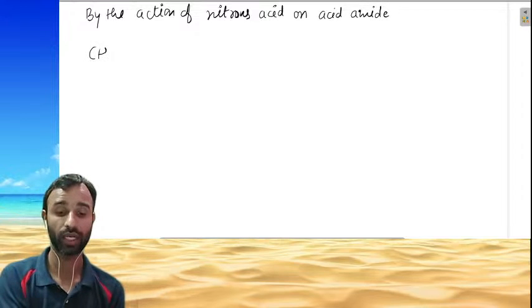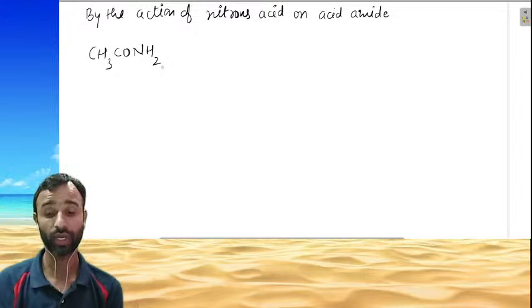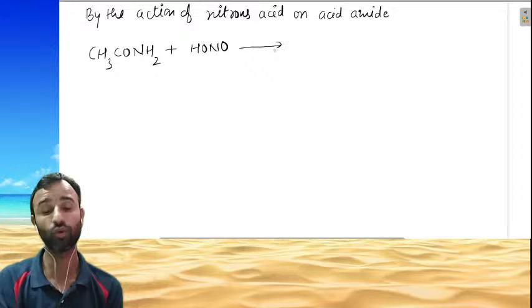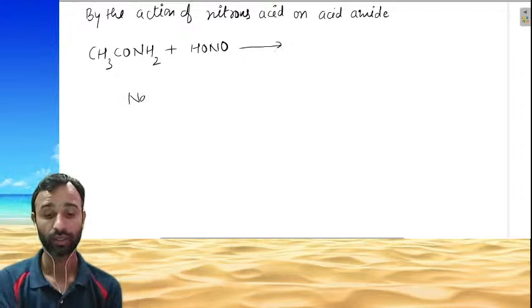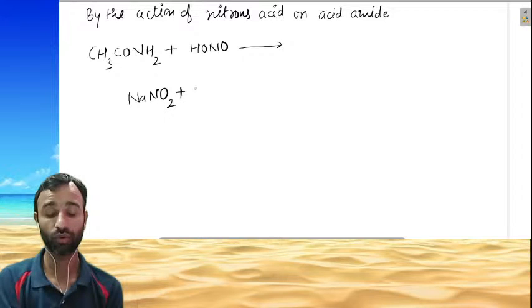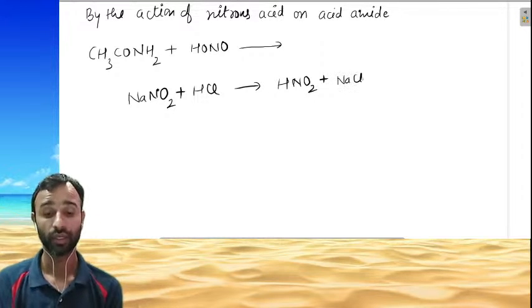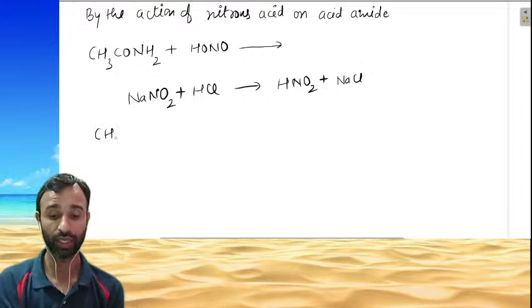You know, acid amide is CH3CONH2 when treated with nitrous acid. You know, nitrous acid is prepared in situ by using NaNO2 and HCl to give HNO2 and NaCl. So how it behaves?